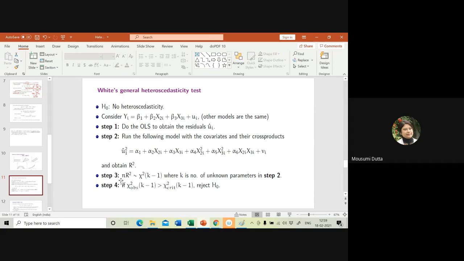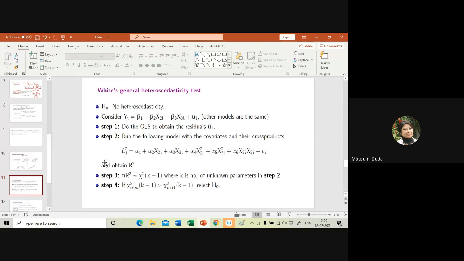In the case of the Lagrange multiplier test, this is the test statistic, and it follows the chi-square distribution with k-1 degrees of freedom. If this chi-square is greater than the critical value, you need to reject H naught. In the theory paper, given a very small data set, I hope everybody will be able to estimate the parameters of this regression.